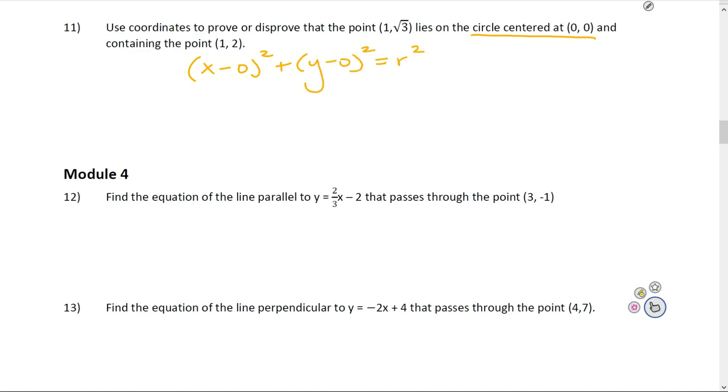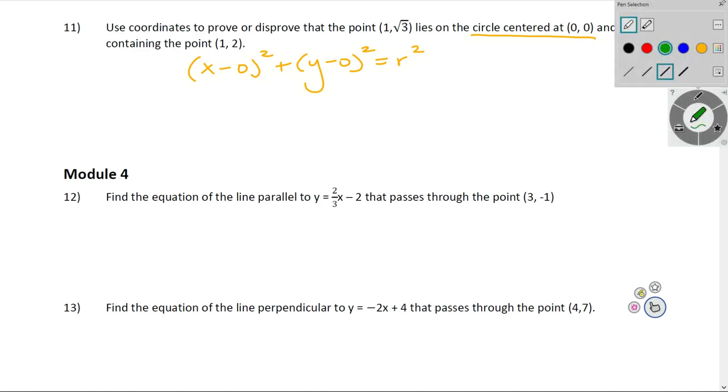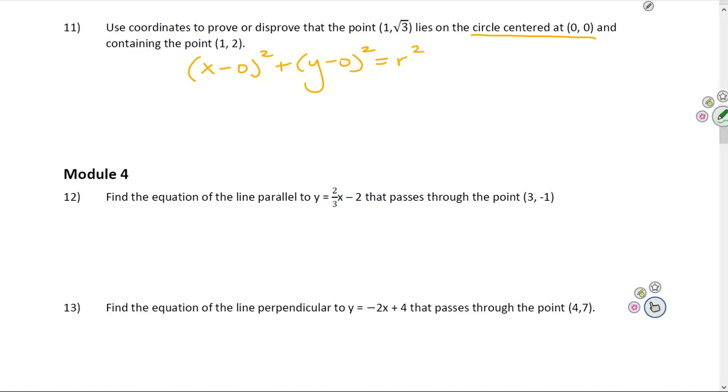I switched the signs, although it's 0, so it doesn't really matter in this problem, but just out of habit, I'll get used to switching those signs. Okay, and I know this circle contains the point 1, 2. So I'll plug 1 and 2 in. I will not change these signs. It's only the center where you change the sign.